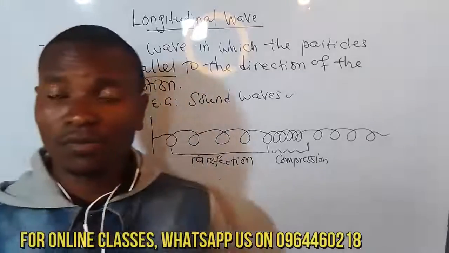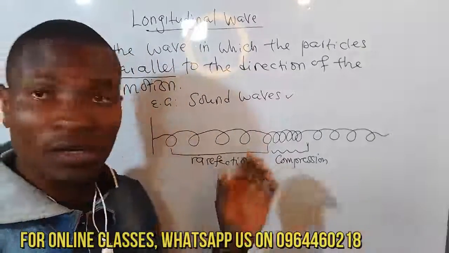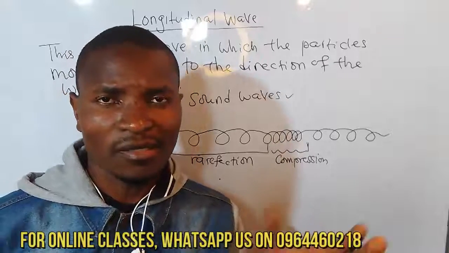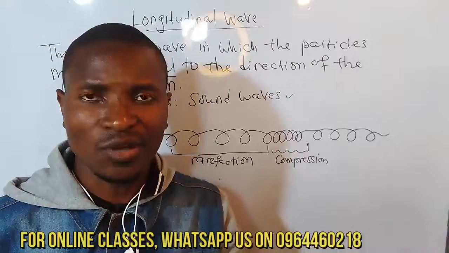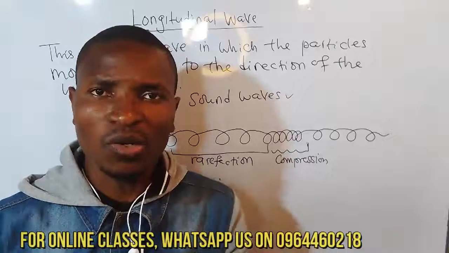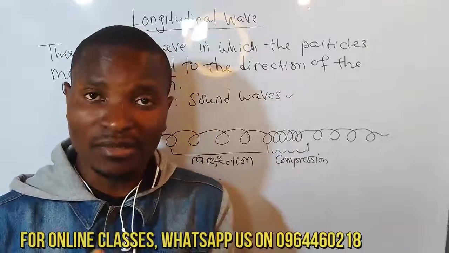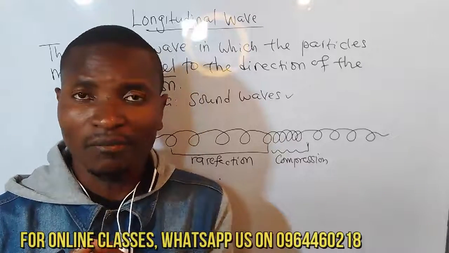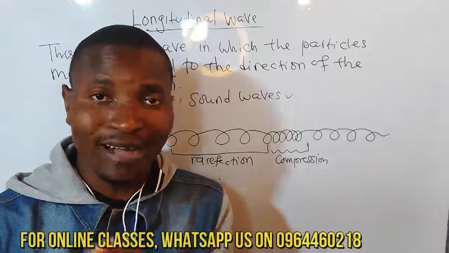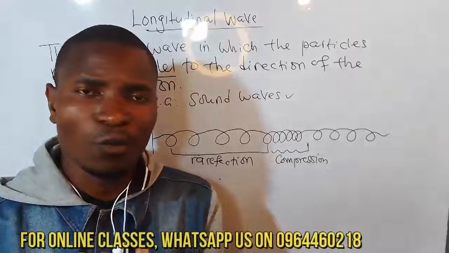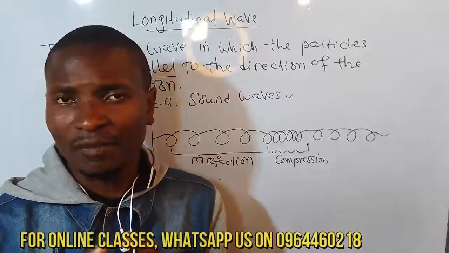Now in the longitudinal wave, within the wave structure, we have regions where the particles, the air molecules, are closely concentrated or packed. And then we also have a region where the particles are scattered.